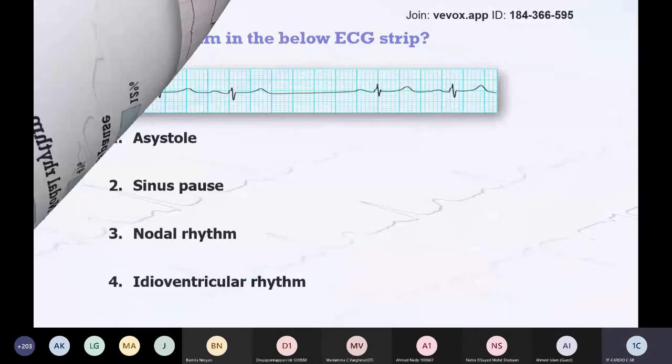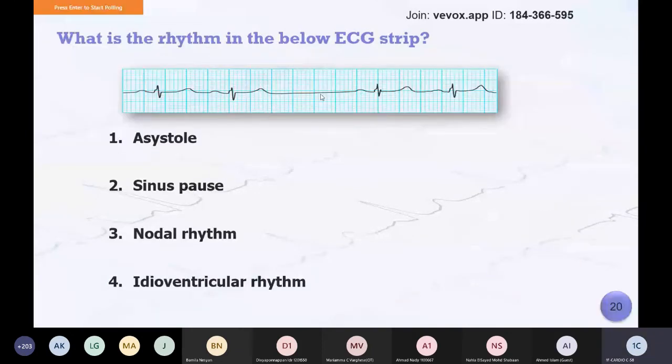So I'll give you a few seconds to look at this strip, and then you can give it a shot. We have asystole, sinus pause, nodal rhythm, idioventricular rhythm. So what do you think is the cause of this flat line, with no P wave and no QRS? Starting the poll now.